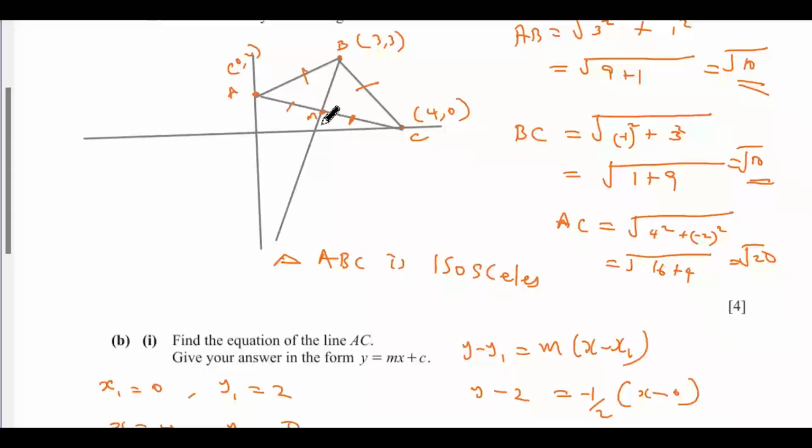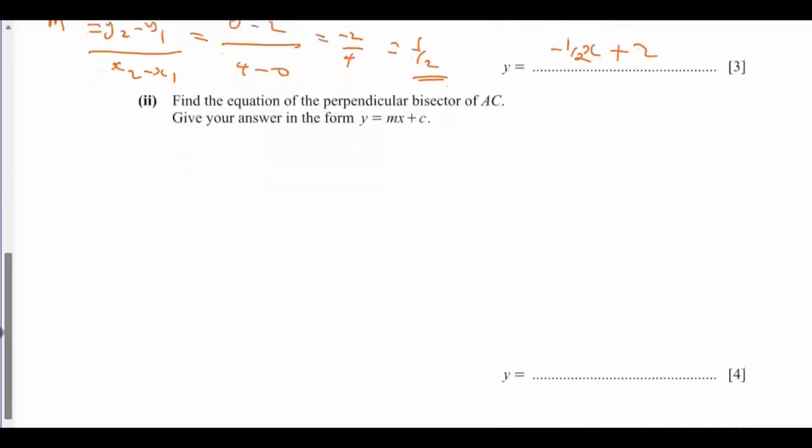So we need to get the coordinates of this point now, because it passes through this point here. That is x comma y, I can call it that. These are the coordinates of the midpoint. So it's very important for us to find the midpoint of AC. Let's scroll down a little bit.